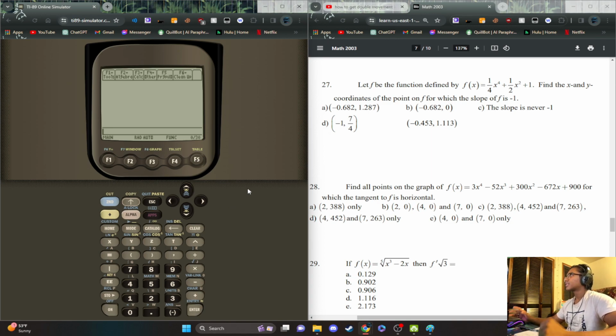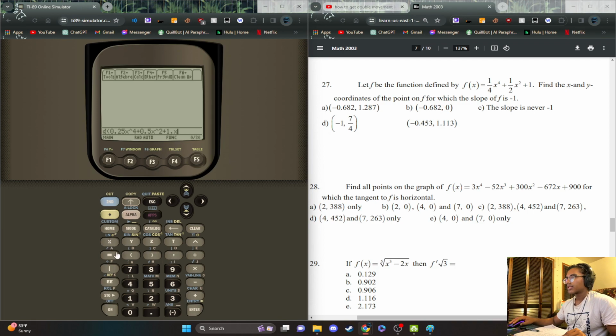For this question, you have to find the derivative of this function and set it equal to the slope. So let's do 0.25 instead of 1/4, x to the 4th power, plus 0.5 x squared, plus 1.